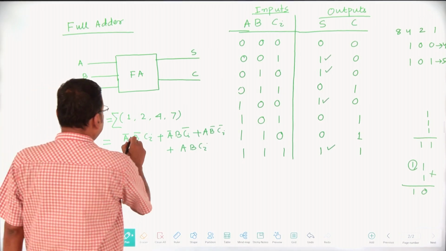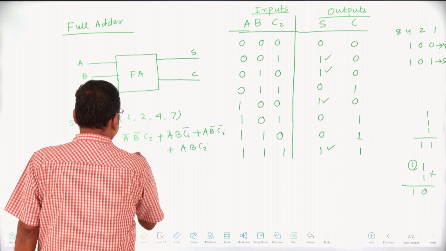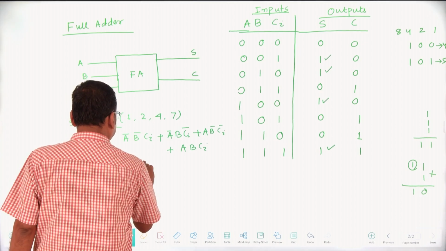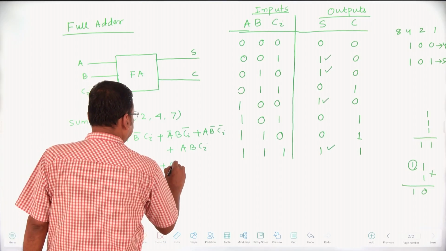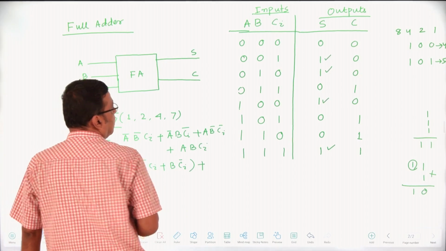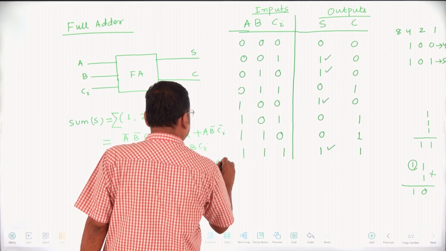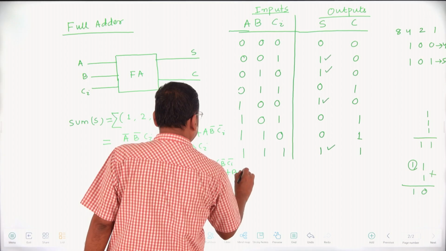So this is A bar B bar Ci, this is A bar B Ci bar. You may take A bar common, that is B bar Ci plus B Ci bar. Plus here you take A common, into B bar Ci bar plus B Ci.